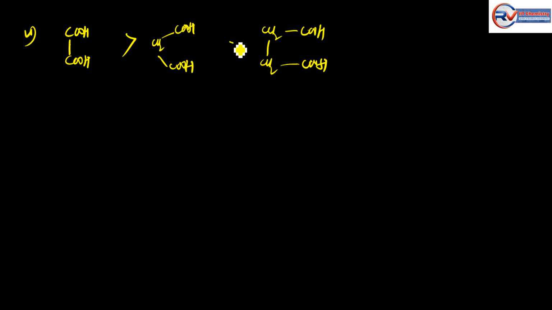Oxalic acid is more acidic than malonic and succinic acid. Why? Minimum distance of the COOH group from the other, so the maximum inductive effect of COOH gives maximum acidic. So oxalic acid is more acidic than malonic and succinic acid.